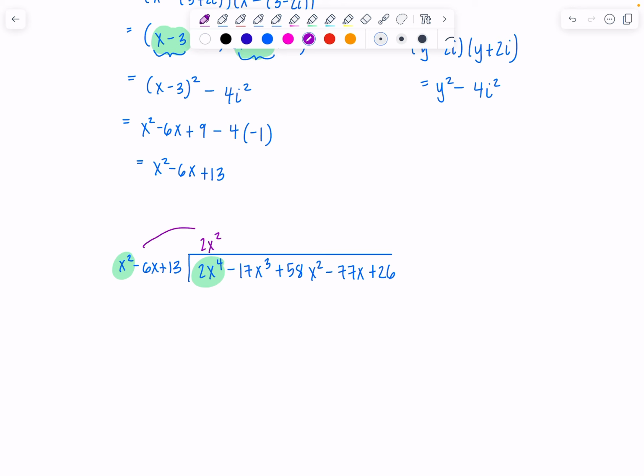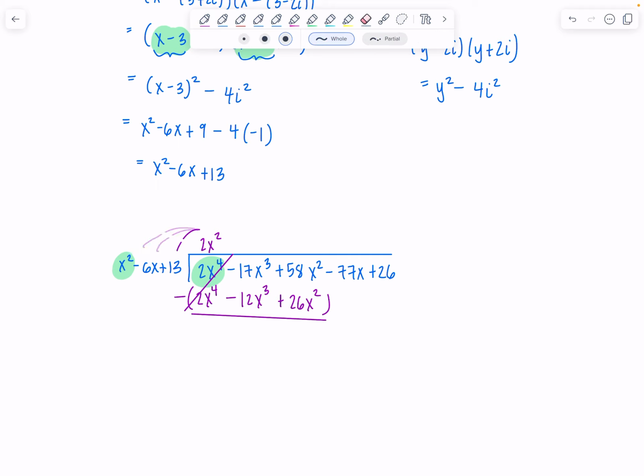And then that distributes, and I'm going to list the result underneath. So 2x to the 4th minus 12x cubed plus 26x squared. And then subtract this row from the row above. The terms on the far left should always cancel. And then just be careful with that negative.